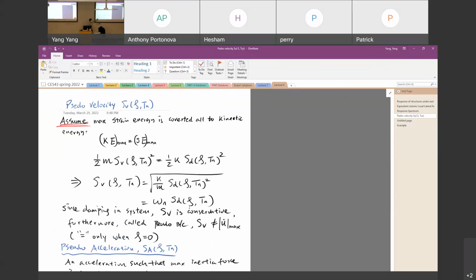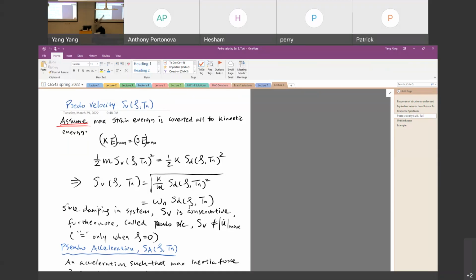But as long as we have the displacement response spectrum, we should be able to get the pseudo velocity as well as the pseudo acceleration response spectrum very quickly, if we know the natural frequency, because there is a relationship between the velocity response spectrum and the displacement response spectrum.